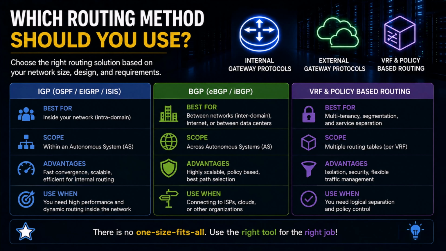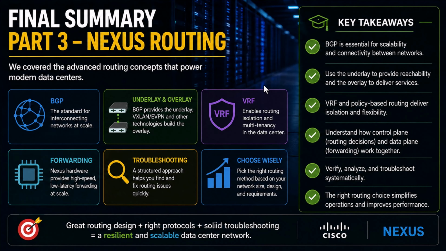For example, BGP for routing, VRF for tenant separation, and hardware forwarding for performance. The right choice depends on the size of the network, the topology, scalability requirements, vendor environment, operational skills, and business needs.